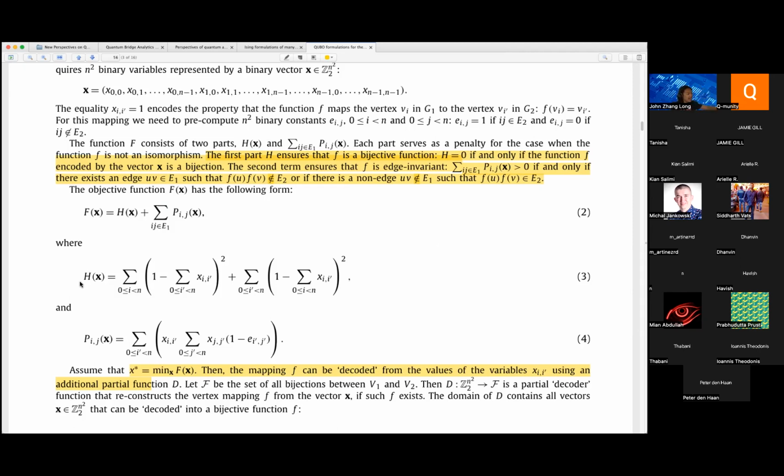So this h sub x term, or h of x term, enforces this constraint. And then this is a little harder to explain, but the basic idea is it wants to make sure that if you have a valid bijective mapping, the edges are preserved as well. So this is another constraint. You've got to recognize that the language we're using here is in terms of constraints.